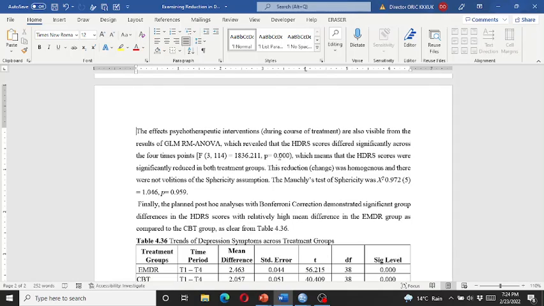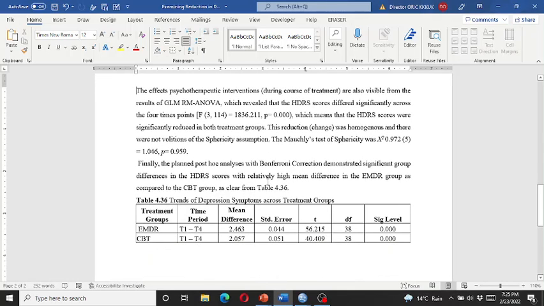The test of sphericity shows that no assumption of sphericity was violated, and this shows that the changes that have occurred in the level of depression were equal. Here you can see the changes that have occurred in the level of depression from time 1 till time 4. For this, we have calculated the t-test separately.